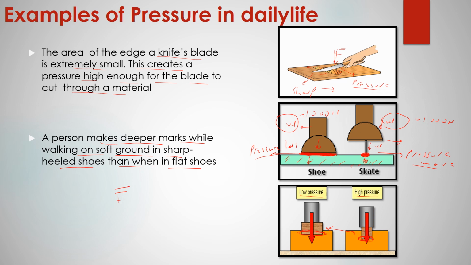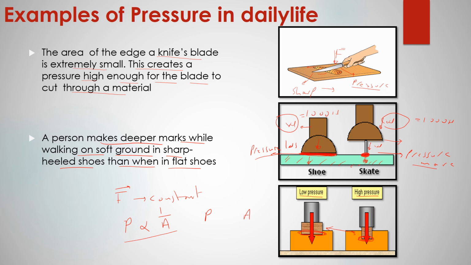if the force is the same, if we keep the force constant, then pressure and area are inversely proportional to each other. So what is the meaning of that?